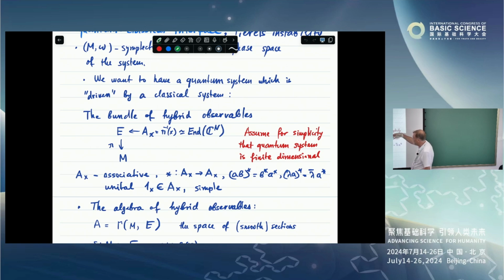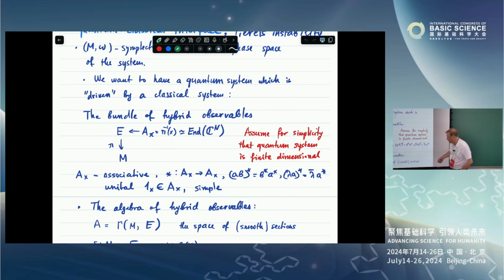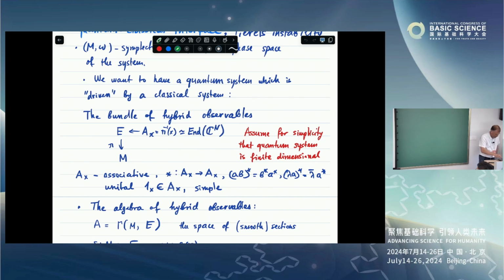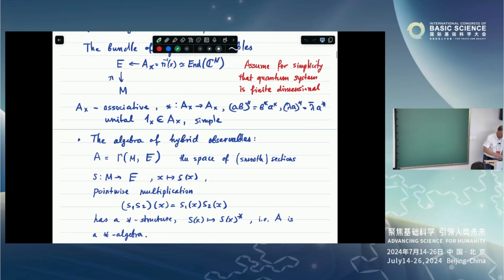Right now I'm describing the bundle of hybrid observables. Over each point, you have the matrix algebra of operators acting in that Hilbert space. It's a star algebra, and let's assume that it's simple.